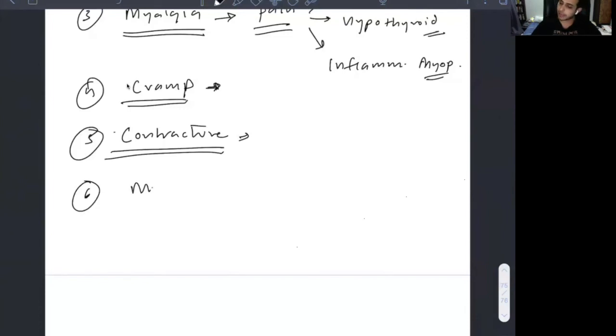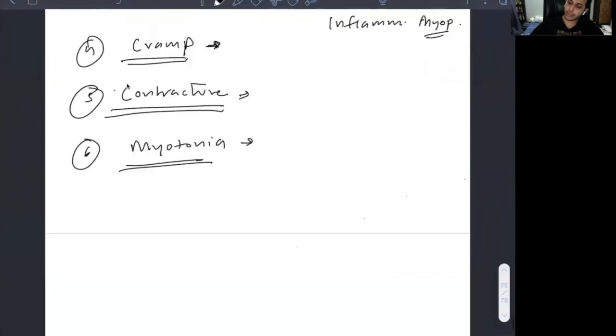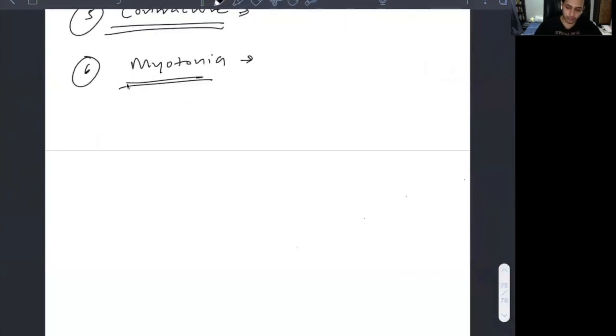And last is myotonia. Now, myotonia is an important concept to understand. Basically, what is myotonia? Myotonia is when you voluntarily contract a muscle and keep it sustained for some time, and you have trouble relaxing the muscle.